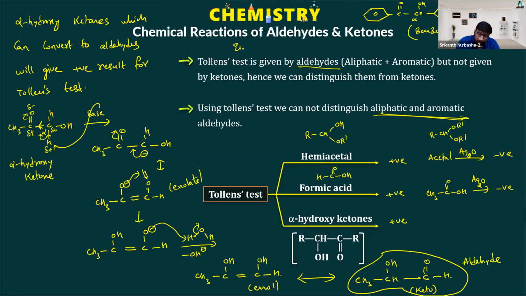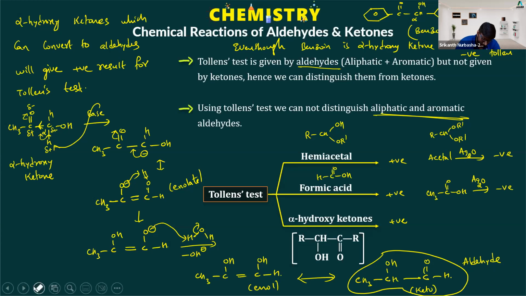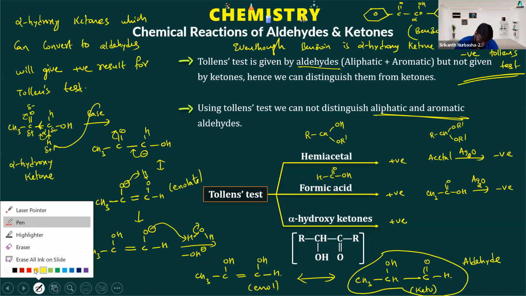Even though benzoin is an alpha hydroxy ketone, it will give a negative Tollens test. The reason is simple: even though you try to write the respective tautomeric structure, you are not getting an aldehyde.